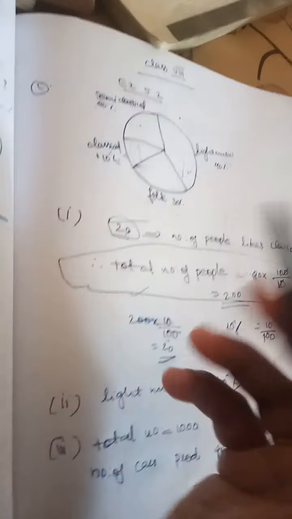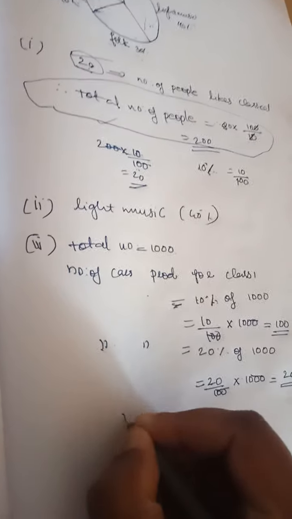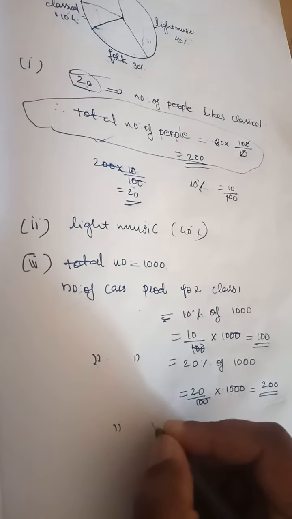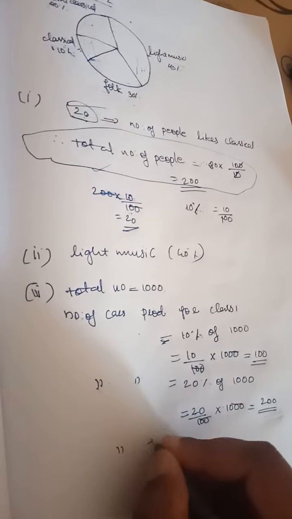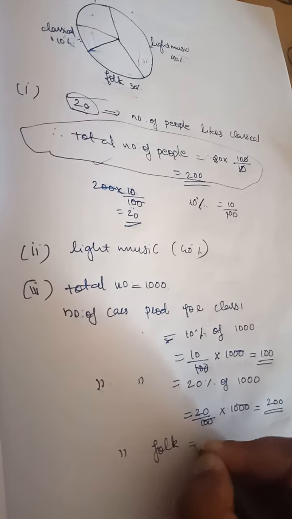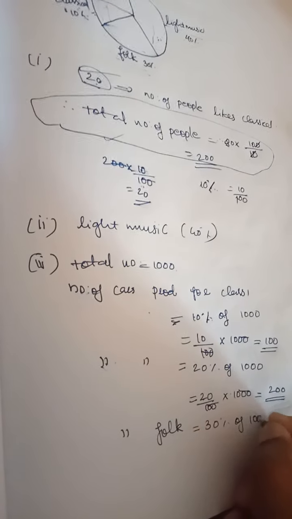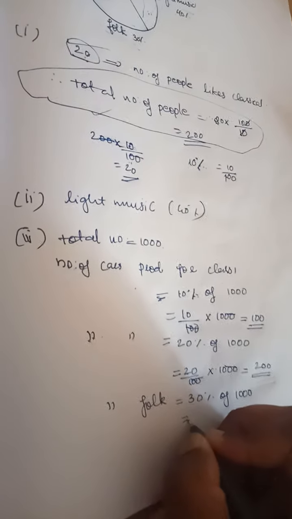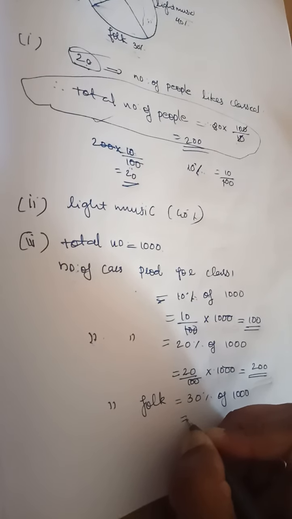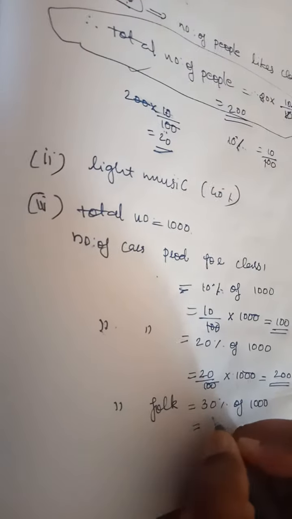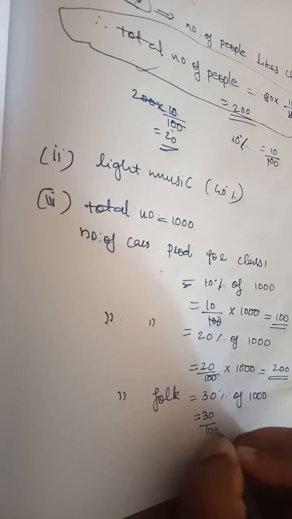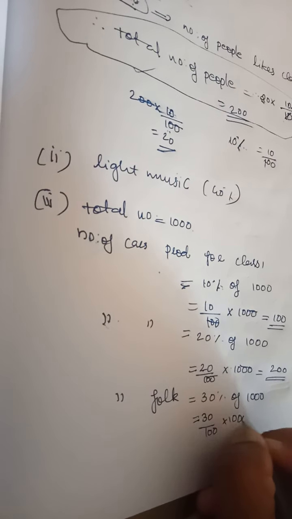Next is 30%. Total number of cassettes produced for folk: 30% of 1000, correct? The total number is always the same, only 1000. That is why we are calculating 10%, 20%, 30% and 40% of 1000. So 30% of 1000 is 30 divided by 100 into 1000.